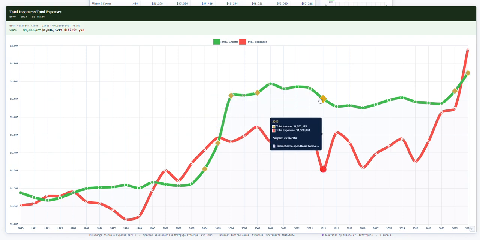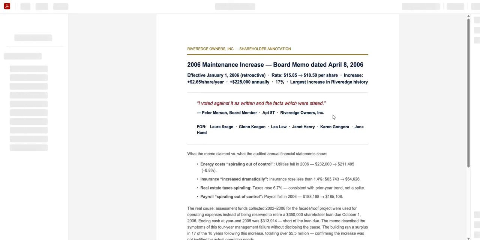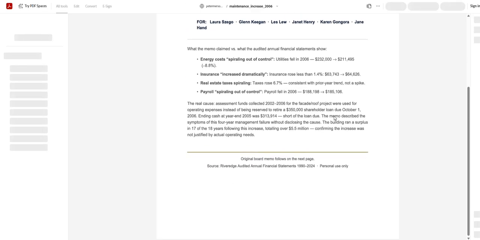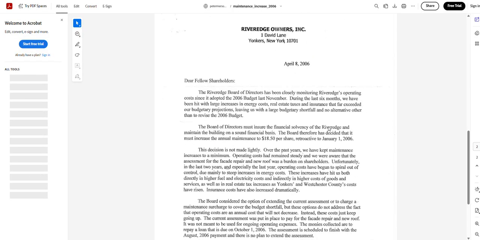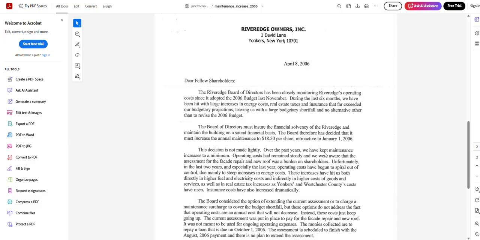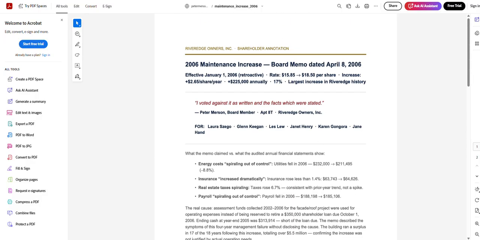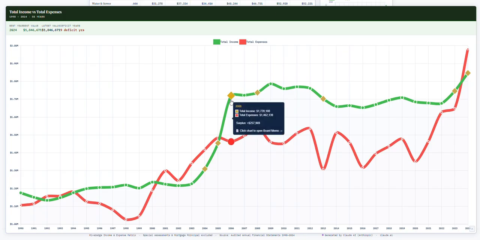The little gold diamonds here indicate that there is an underlying memo or situation under there. You can just click on it and you will get the actual memo that was written that caused the change. The memo right here which kind of jumps out at you represents 2006.